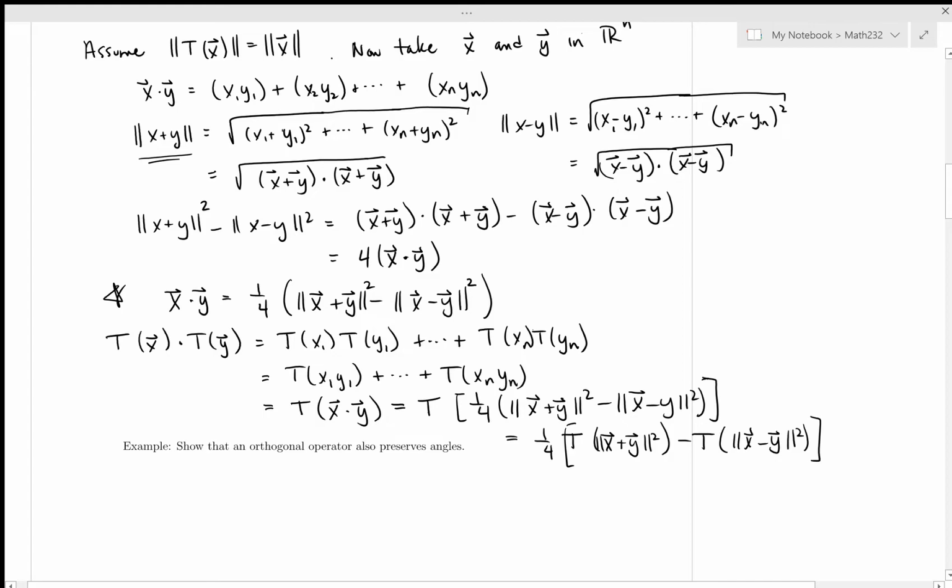And then we know that this transformation is length preserving because we have that sitting right here. It is length preserving. So that is equal then, by the length preserving property, to this guy here.